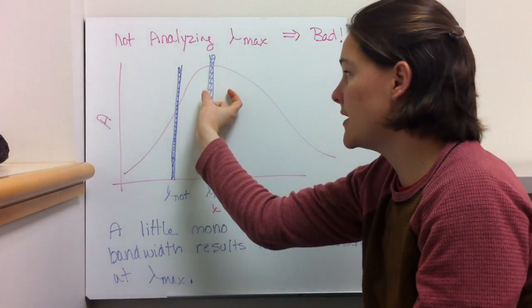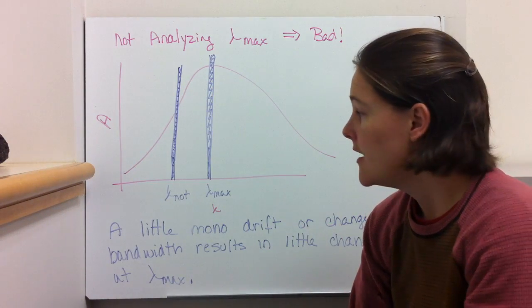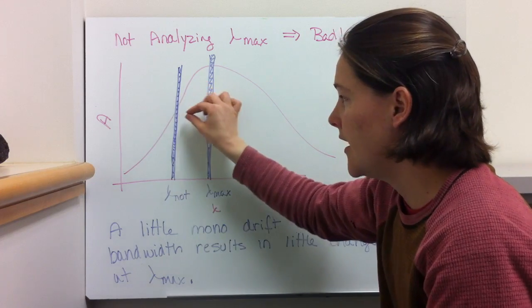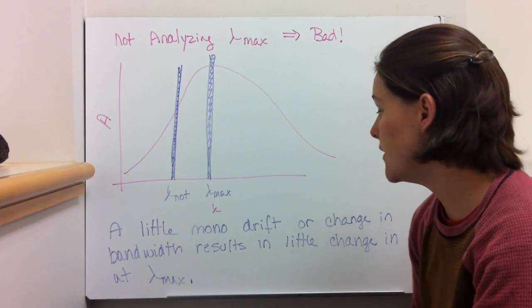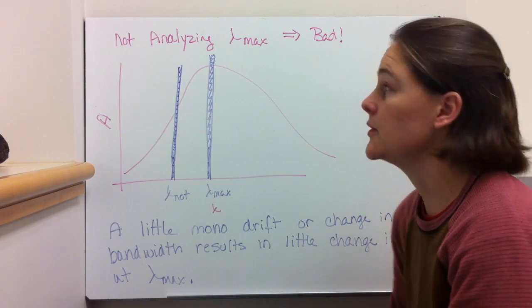You can see that broadening this or moving it around a little bit would not cause a huge change in absorbance. But if you were here and you had a little bit of broadening or a little shift, you would have a much greater change in the absorbance. So you definitely want to make sure that you're analyzing at lambda max whenever possible.